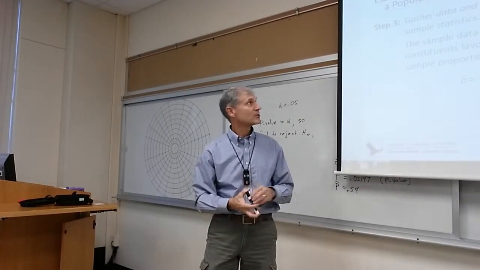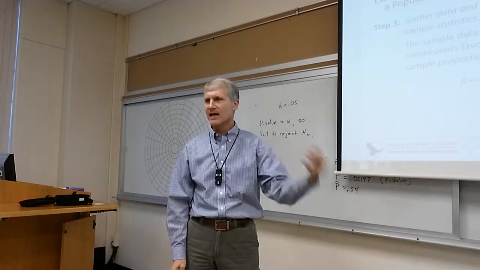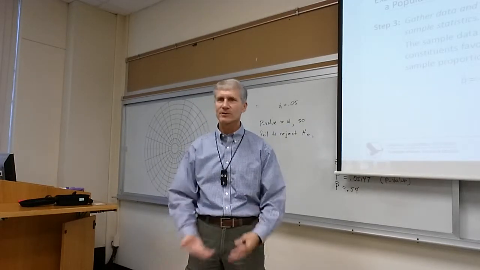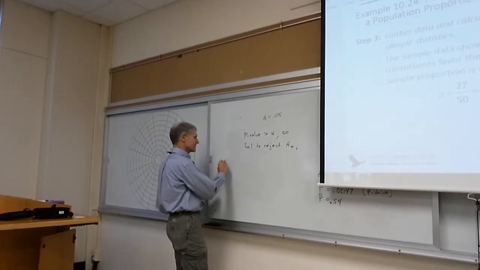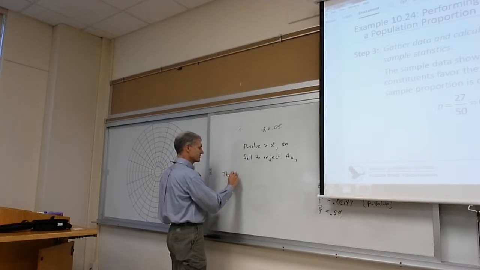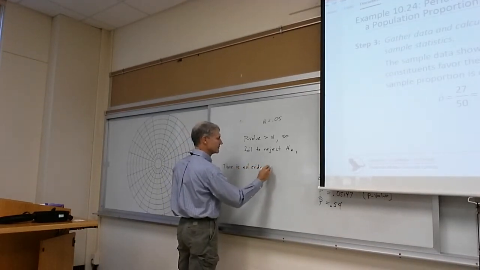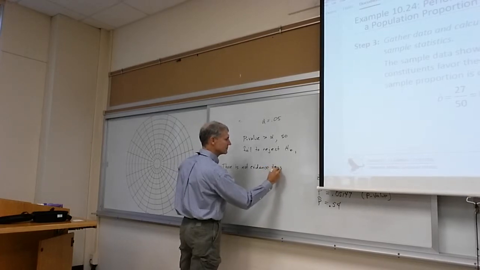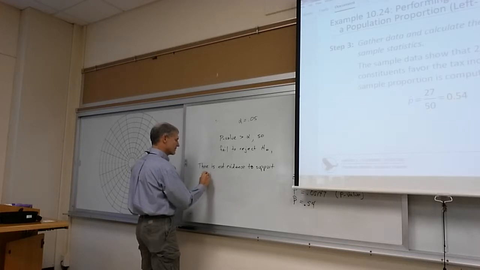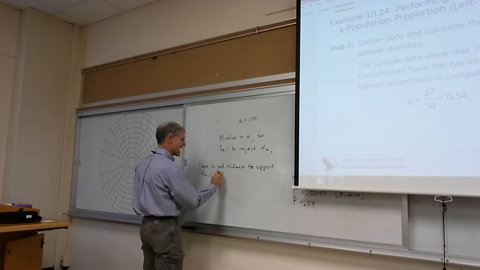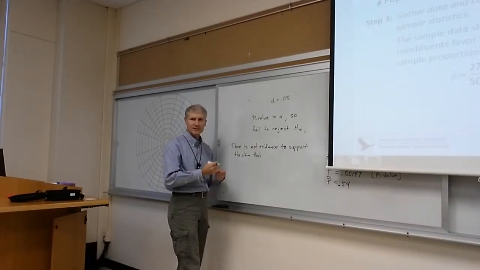Remember, the interpretation should be in the context of the problem. We got a politician, we got a tax increase, what are we saying? There is not sufficient evidence to support the claim that, and what is the claim in the context of the problem?